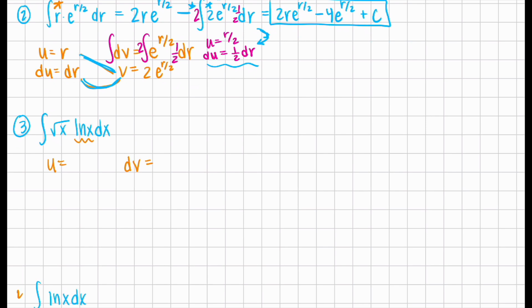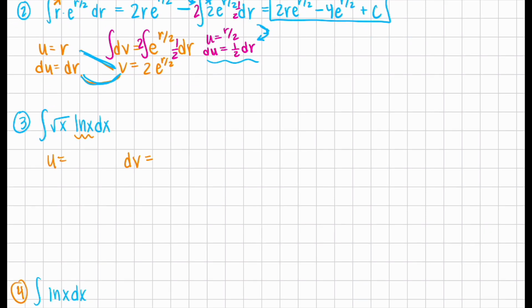We're actually going to do that for example 4. So since I don't know how to integrate natural log right now, I'm going to make that my u, and that would make the square root of x dx my dv. So I need my du and I need my v. Derivative of natural log of x is 1 over x, and then I have my dx.